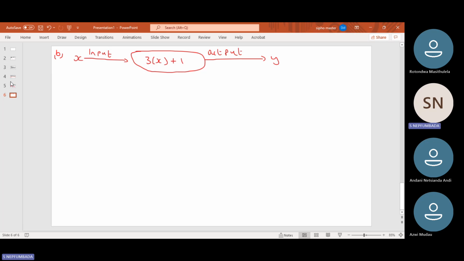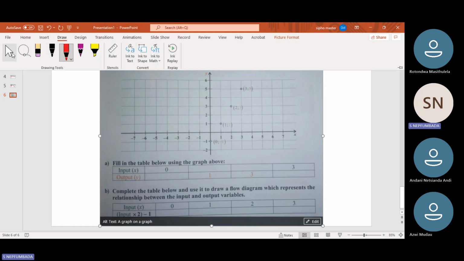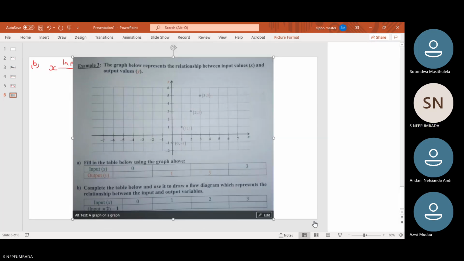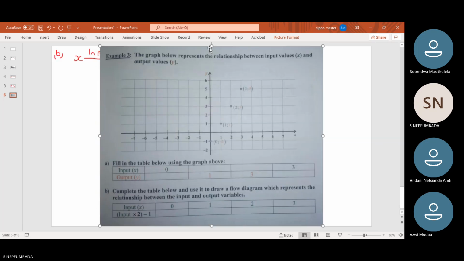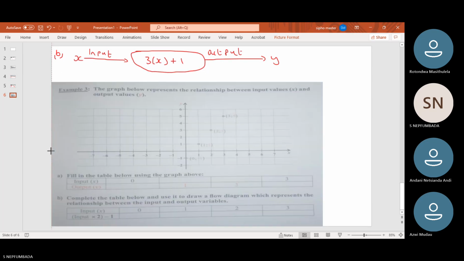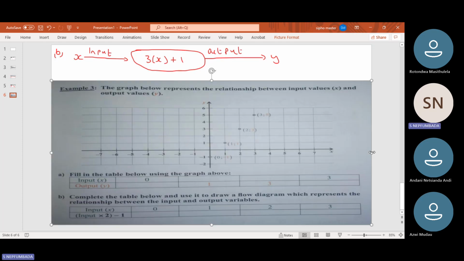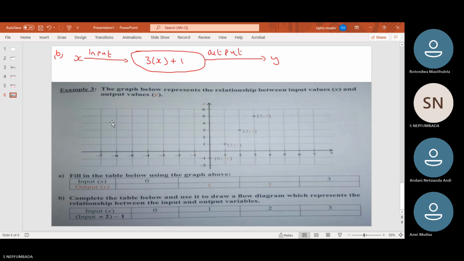Aye. Then we go to the next question. Here is the next question. There we go. Is it visible? Yeah. Okay.